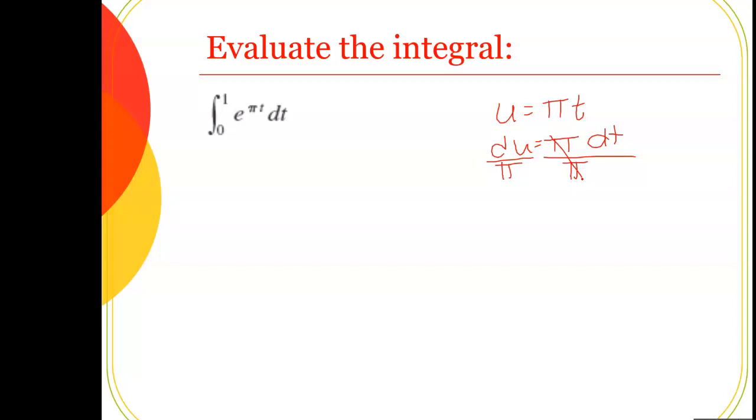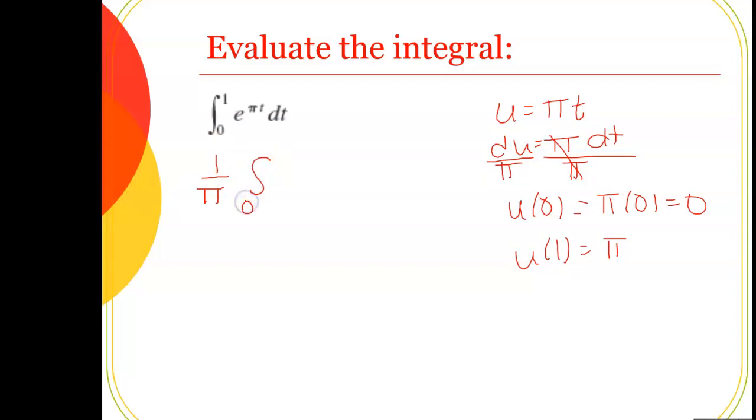And then changing my bounds, u of 0, u of 1. So I get 1 over pi, 0 to pi of e to the u du.